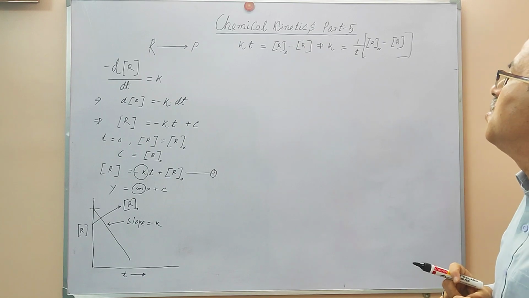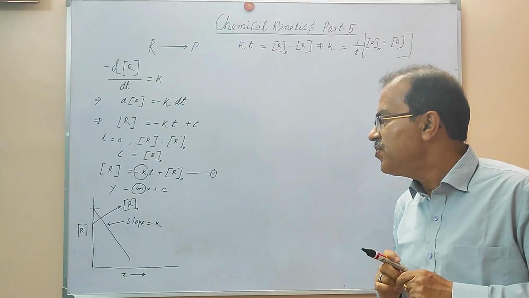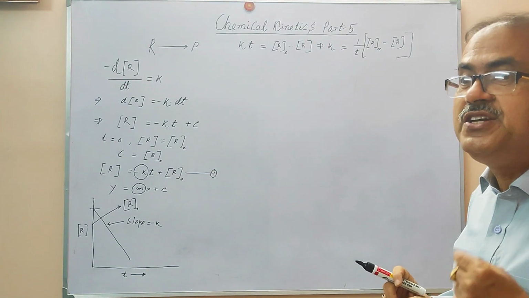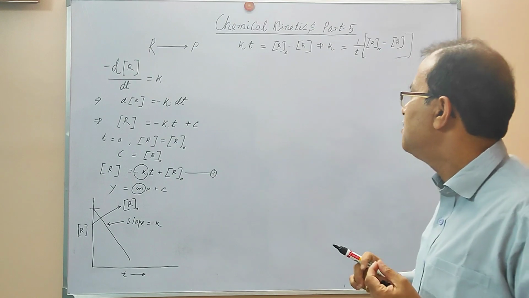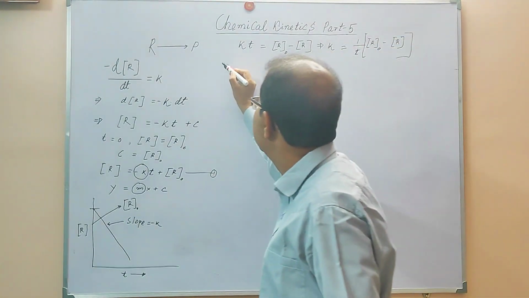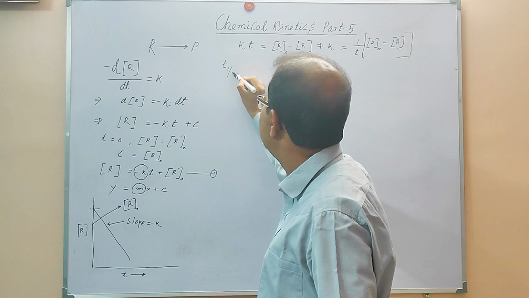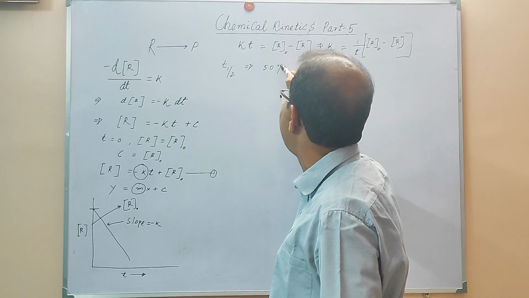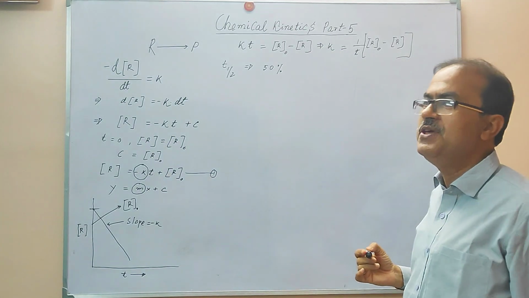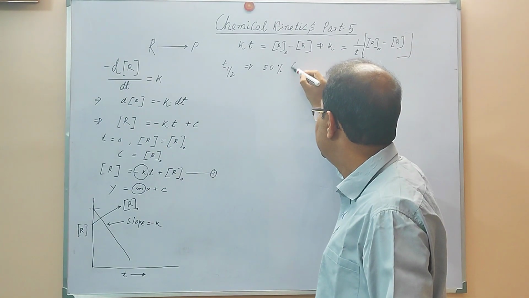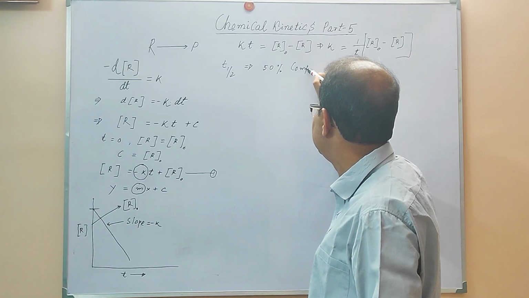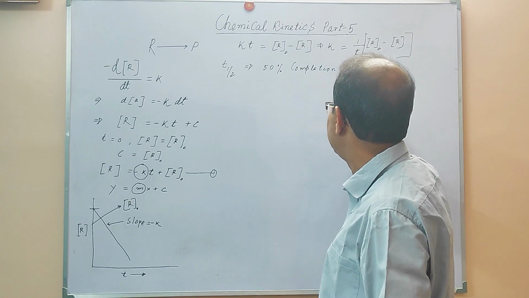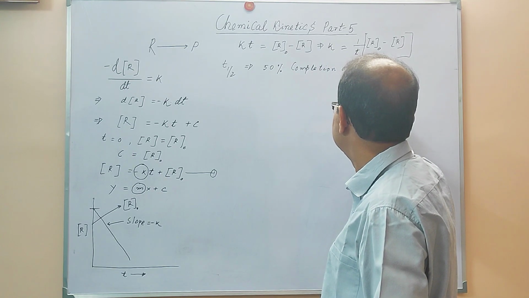Now what we will do? We want to find out some relationship, that is, what will be the t half. What is t half? T half is 50% completion of the reaction.